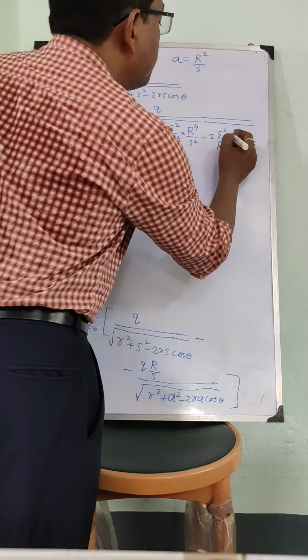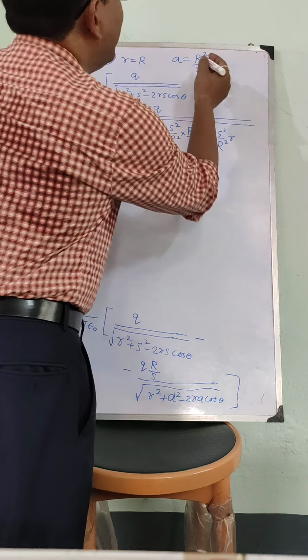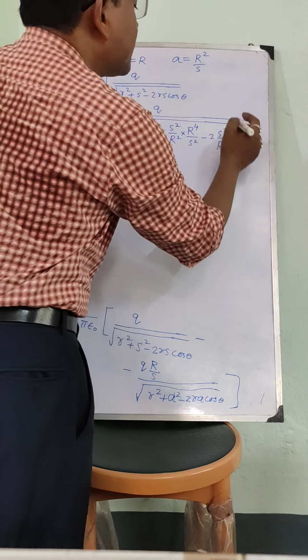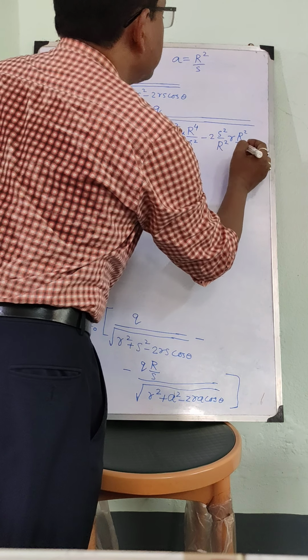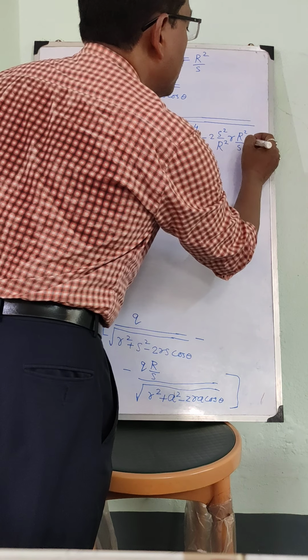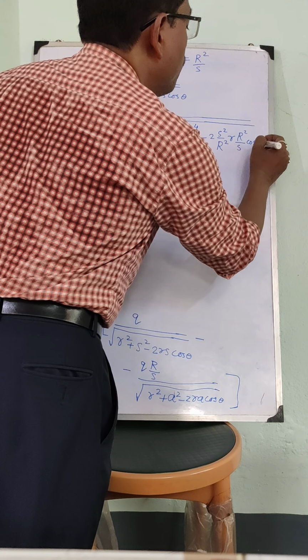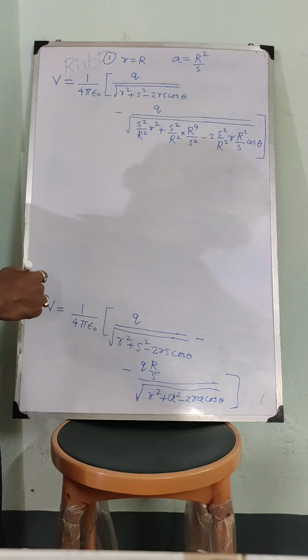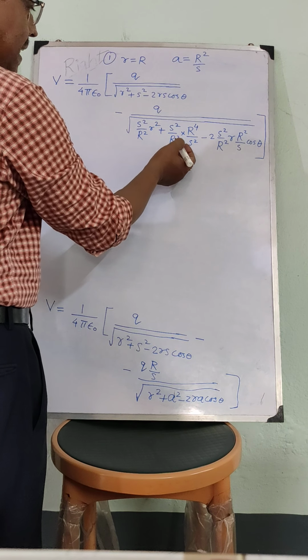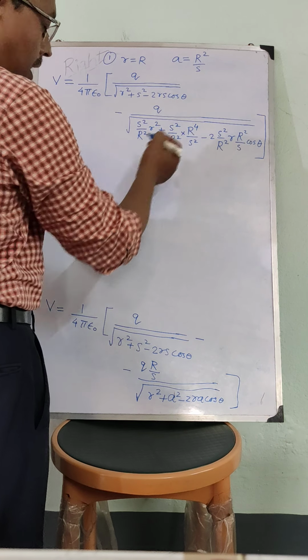Then small r, A is capital R square by s, then cos theta. So bracket close.